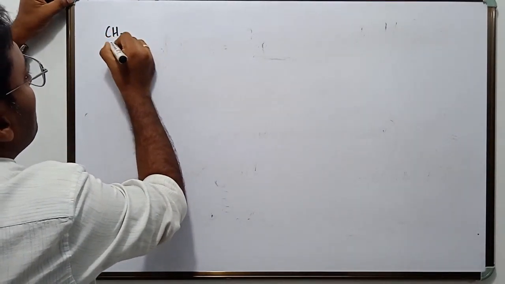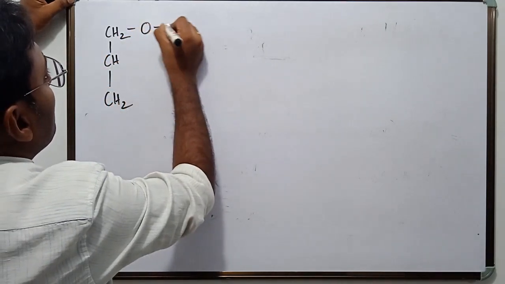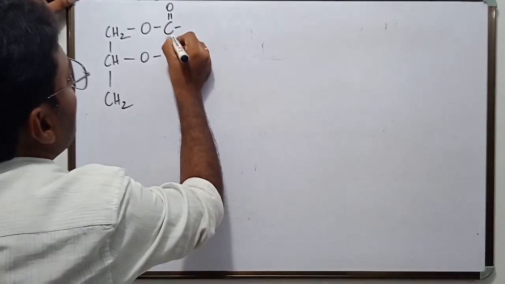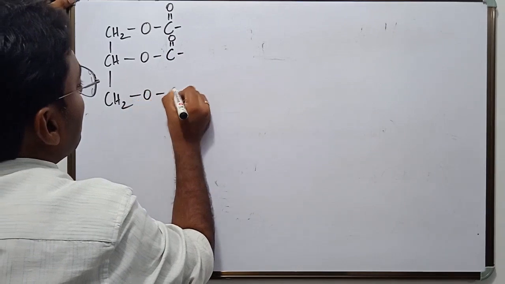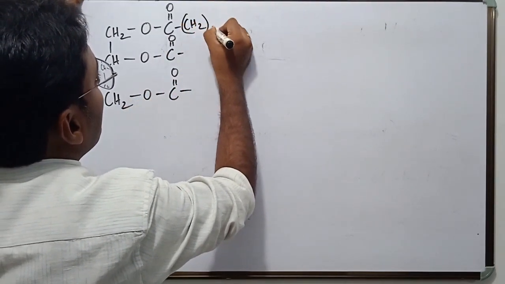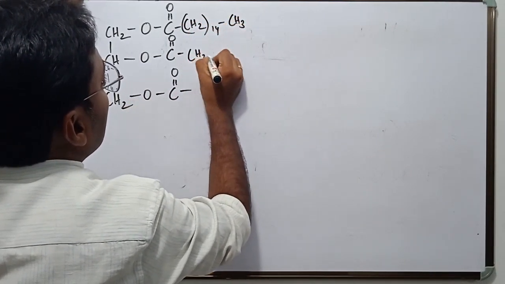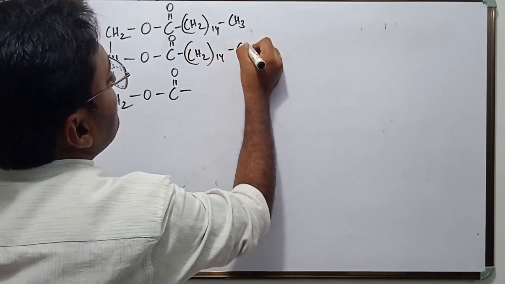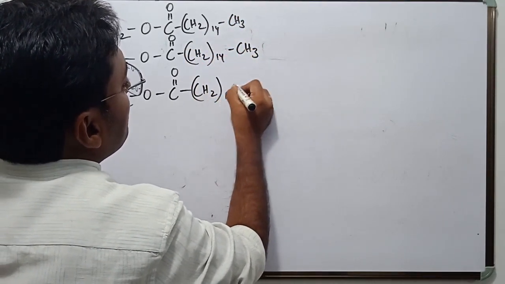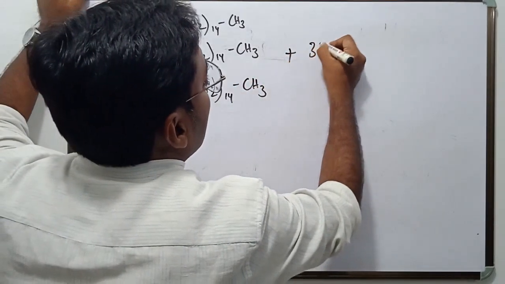So here I am going to draw glyceryl tripalmitate. Here I write CH2 (CH2)14 CH3, that is glyceryl tripalmitate, with (CH2)14 CH3 on each chain. I want to saponify glyceryl tripalmitate.